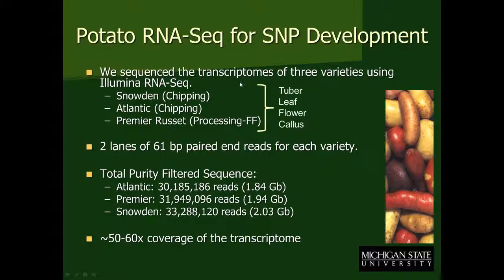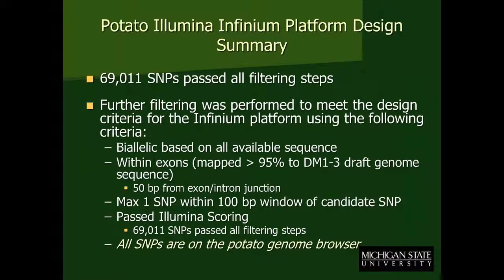From there we were able to get a good broad look at the transcriptomes of these 3 varieties. We used Illumina GA2 sequencing. Alan Van Deynze did the work at UC Davis and generated approximately 2 gigabases of sequence information on each of the lines, which gave us about 50 to 60x coverage of the transcriptome.